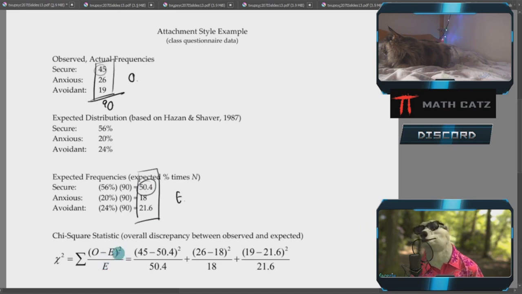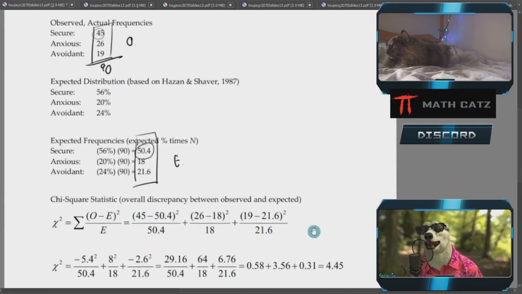Square that so that positive and negative differences, it could be higher or lower, don't have a cancellation effect. And I'm going to take that as proportion to the expected. And I'm going to do that for each of the three, like the calculation shows here. And we're going to keep calculating that. And then we're going to get our chi-squared statistic.